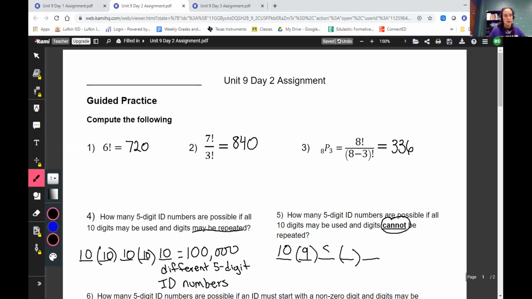So 10 times 9 times 8 times 7 times 6. And that equals 30,240 different 5-digit ID numbers.